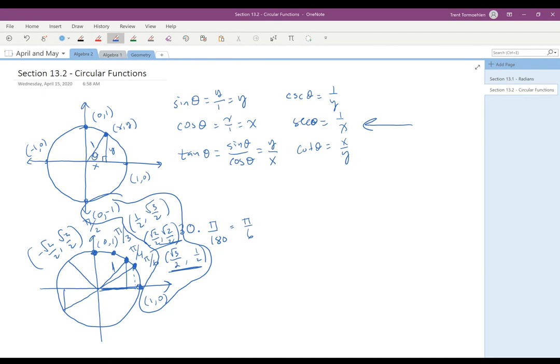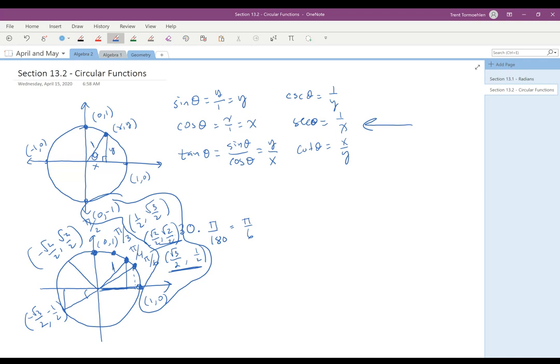So down here, if I have a reference angle of 30 degrees, the y value is the smaller one, so the y coordinate is negative 1/2, and the x coordinate is the larger one, negative √3 over 2. I just get the signs right because it's the third quadrant, so x and y are both negative.